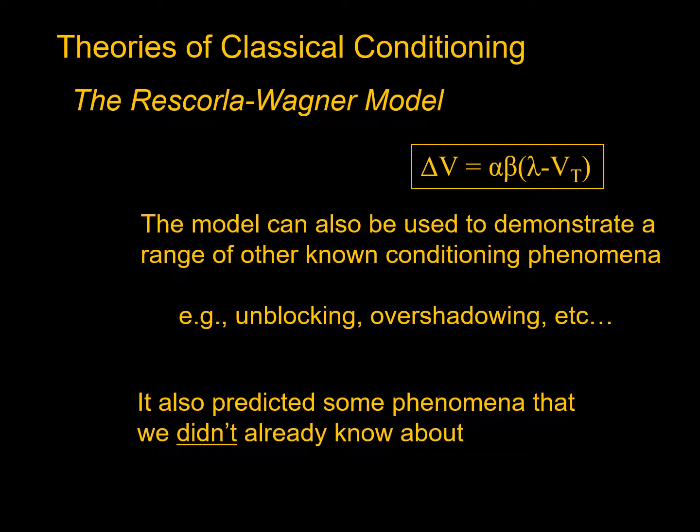If we did a regular blocking study, the way I've described it, and we get to the point where we demonstrate, look, it doesn't matter how many of these phase 2 trials we do, our second CS is acquiring no associative strength in our experimental group.